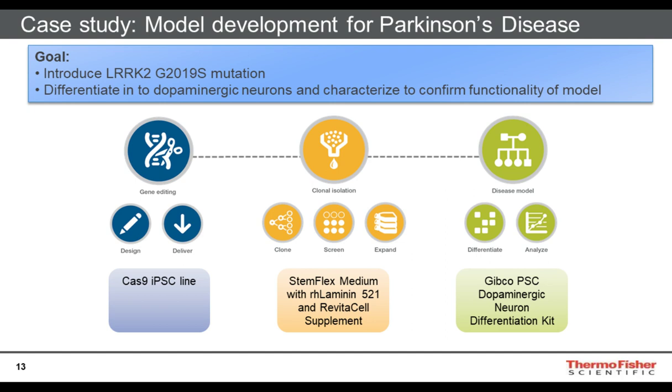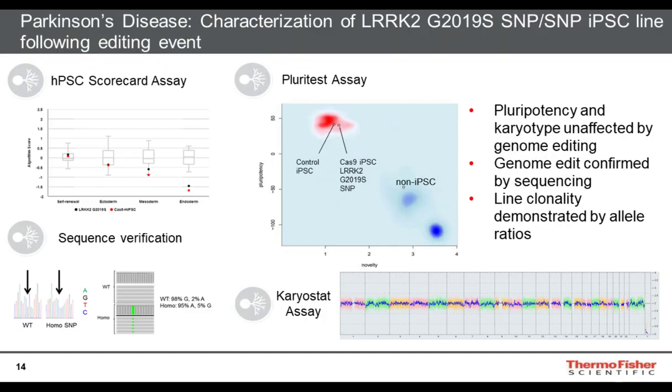So before I go into the actual differentiation and assays, I just briefly want to highlight the importance of characterizing your edited stem cells after doing the genome editing, because both the genome editing and the single cell sorting are stressful events to the cells.